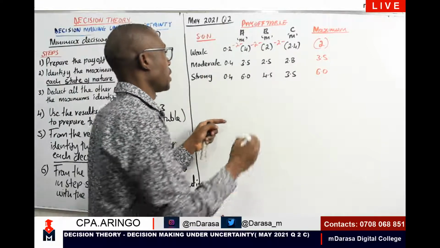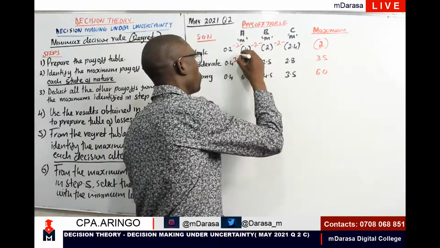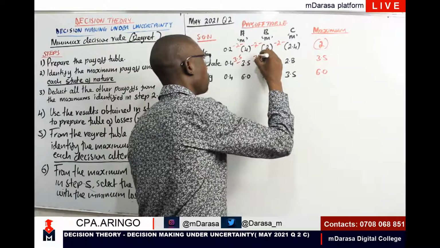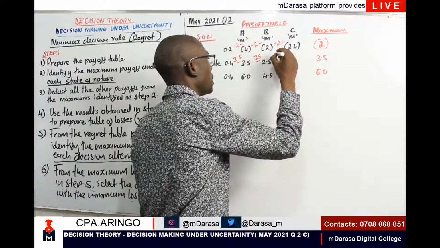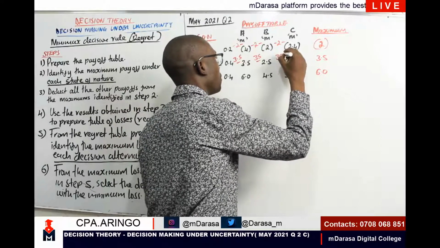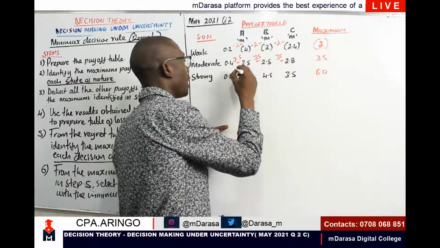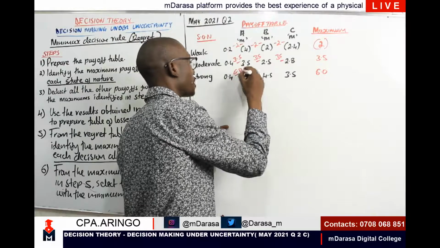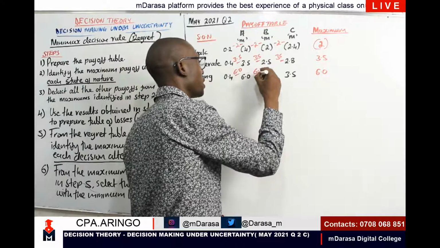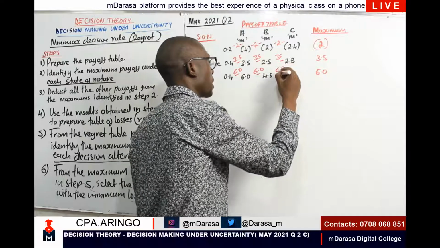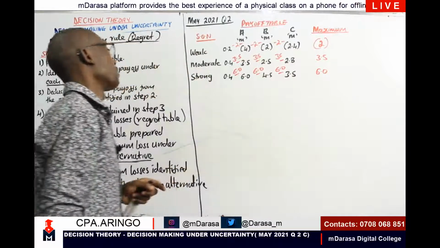At moderate, we have 3.5 minus that, 3.5 minus that, 3.5 minus that. At strong, we have 6.0 minus that, 6.0 minus that, 6.0 minus that.